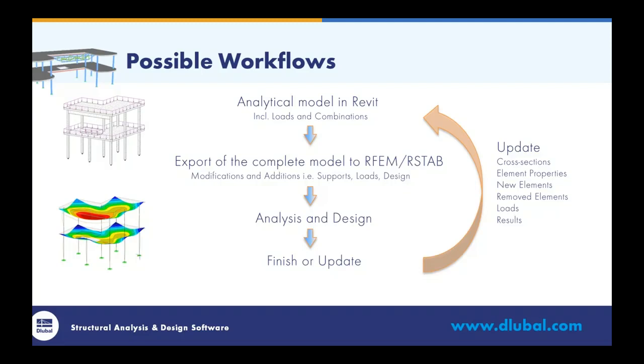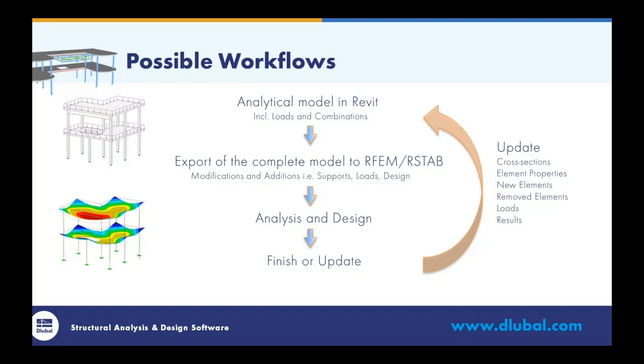If everything works out well, you can finish your design, you can create a protocol, and you're done. Of course, it can happen that some details have to be changed: the thickness of the slab, maybe the cross sections, materials, maybe you even have to add objects into RFEM.